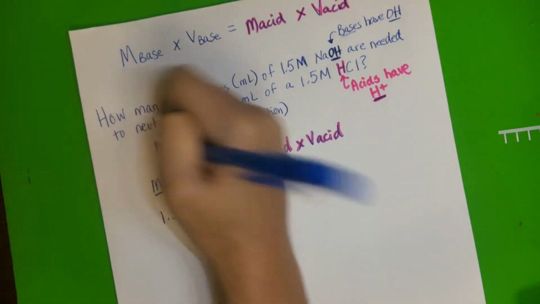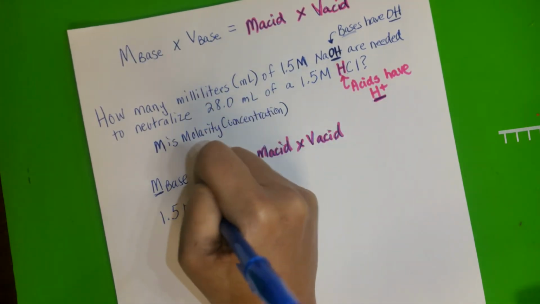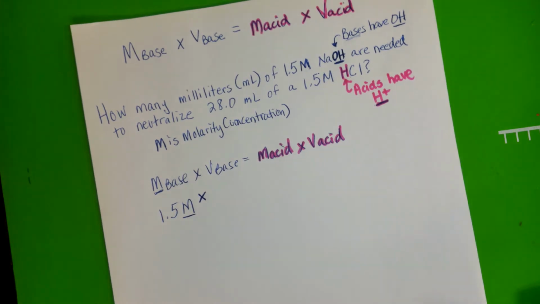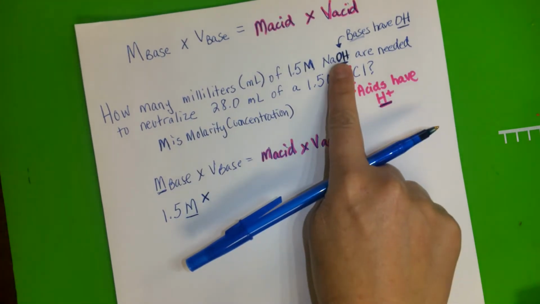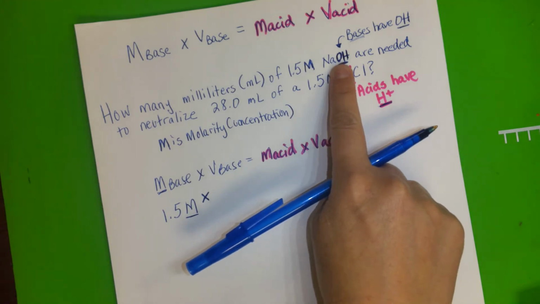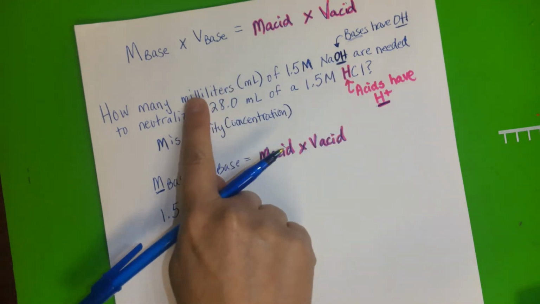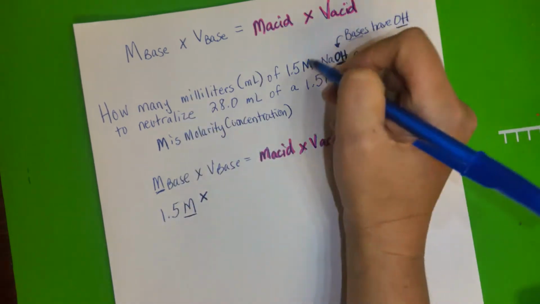So let's go on. This one you're going to multiply by the volume of whatever that base is. Unfortunately, we don't have it. That's your unknown.